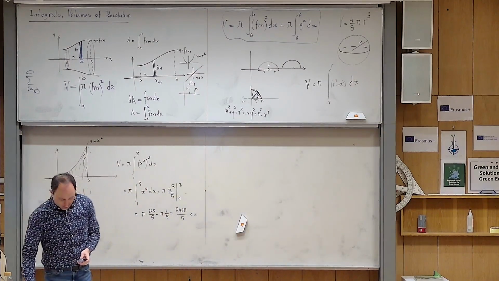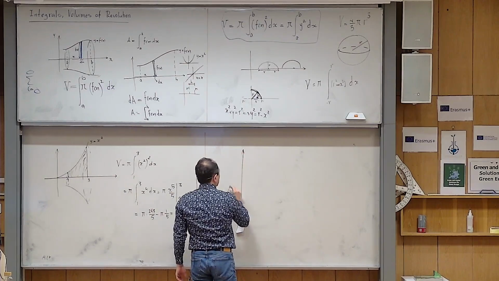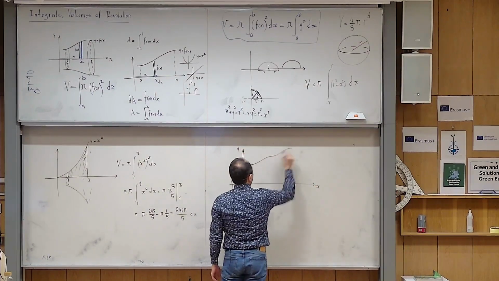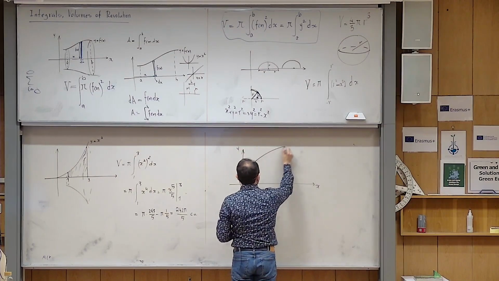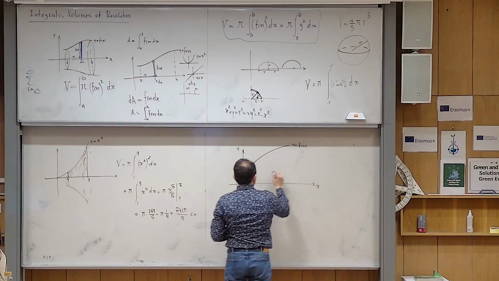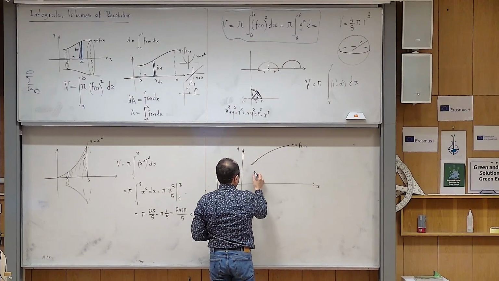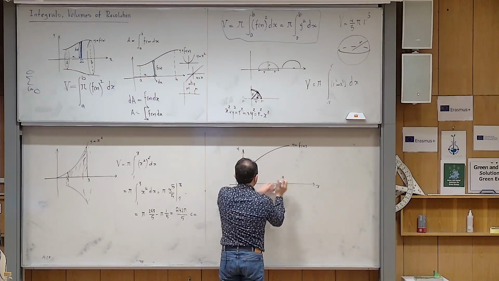Okay. So here, if this is x and this is y, let us say this is your function, y is equal to f of x, and you have this other function, y equals g of x. I don't know how to draw it, because it's hard to draw by hand.